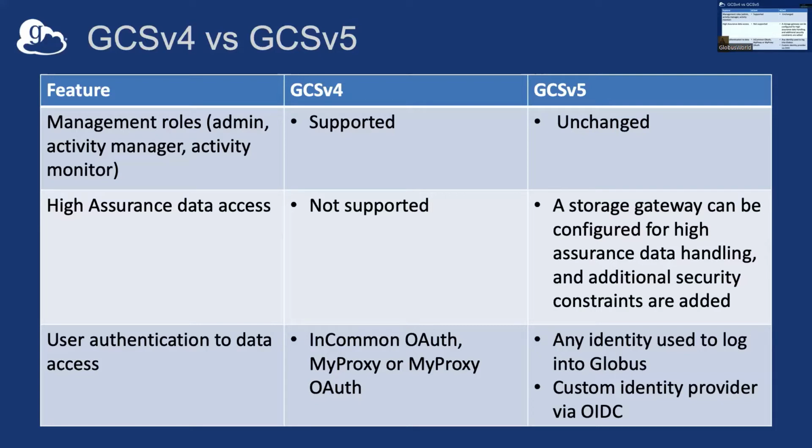Or Globus ships an OIDC server stack with GCS if you want to stand something new up and use a PAM module and plug it in with your authentication system, right? So the last one that I described would be if you are running a MyProxy OAuth today with a PAM module linked to your local authentication, you would shift to using this OIDC server with a PAM module and local authentication, right? So all those options work.